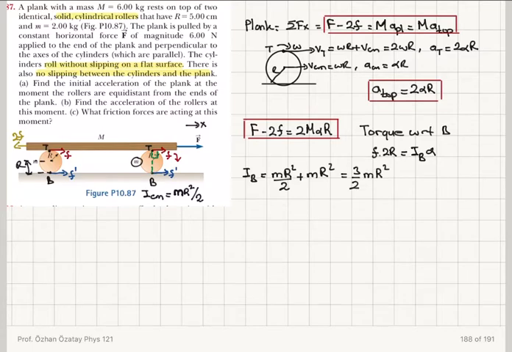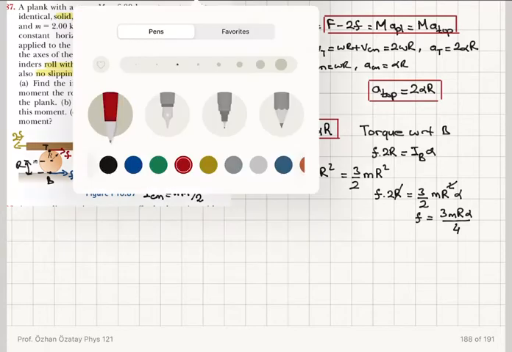This is r, so I have to add plus m r squared. So this is 3 over 2 small m r squared. That gives me, for the torque equation, small f times 2r is equal to 3 over 2 small m r squared alpha. One of the r's disappears. So I find that f is 3 m r alpha divided by 4.